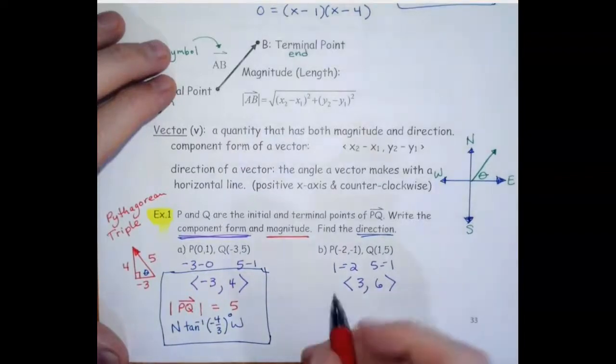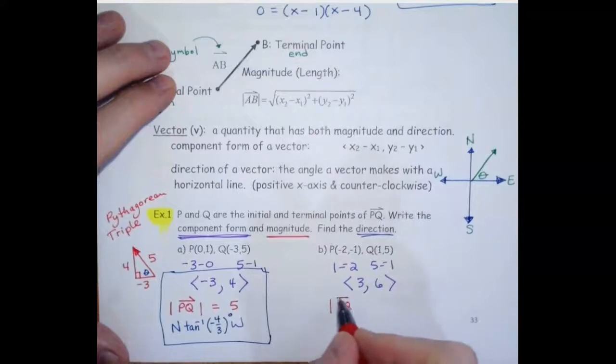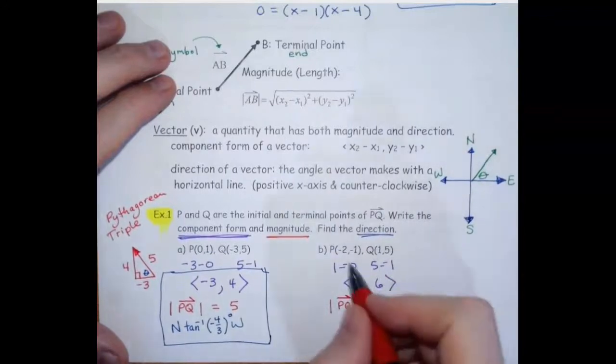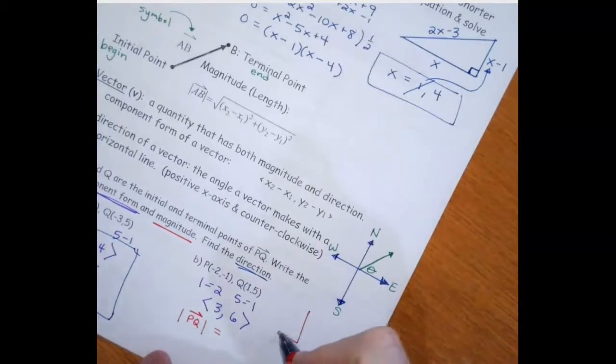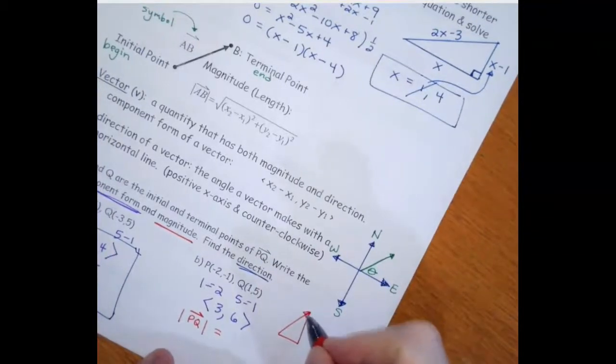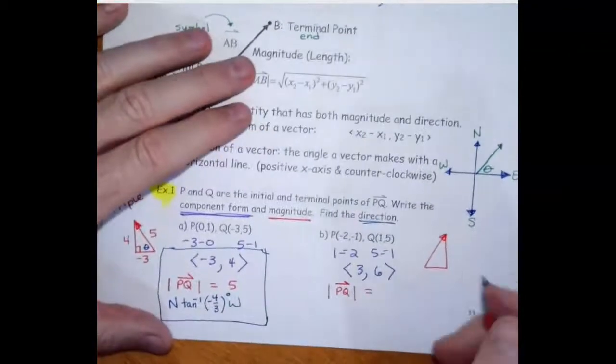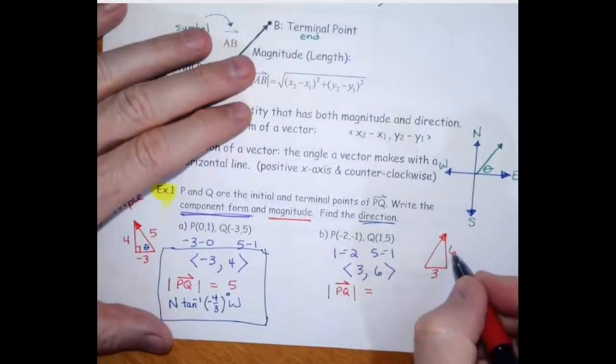The next question was the magnitude. And they use the same letters, so it's magnitude of PQ in this situation. And this one is going 3 to the right and 6 up. So this vector is going like this. And that is 3 and 6.